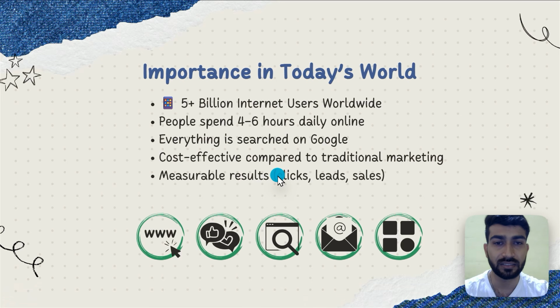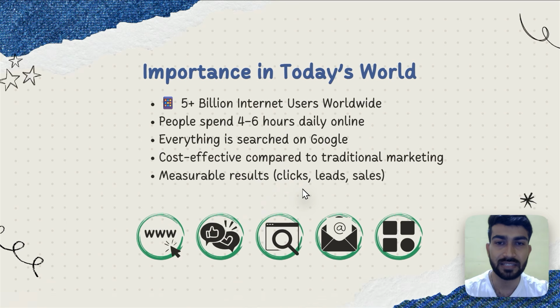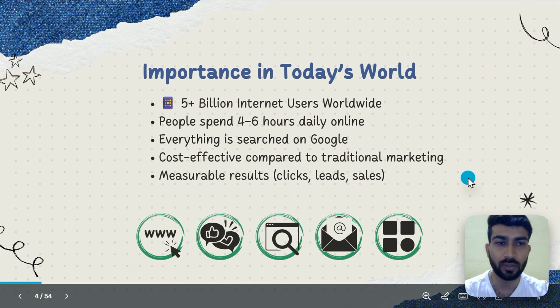Meta is the parent company of social media platforms like Instagram, Facebook, WhatsApp, and even Threads. These four platforms are of Meta. So when we start Meta ads campaigns, we can understand and target everything, right? That is why it is very important in today's life.